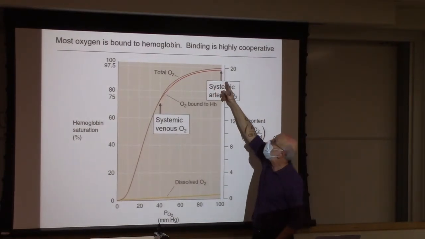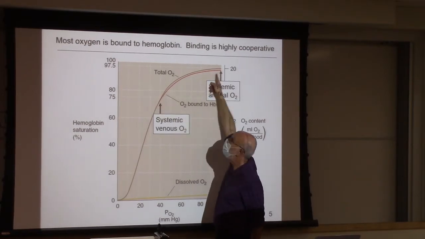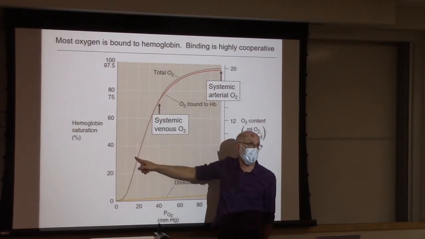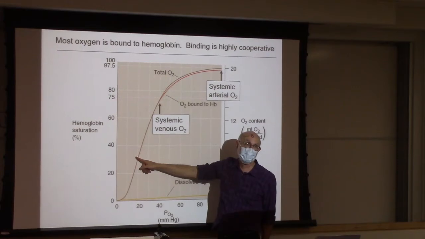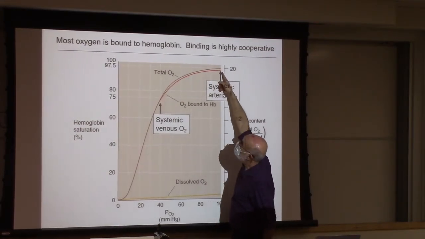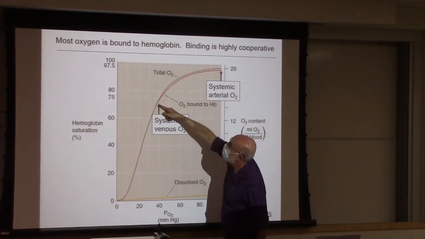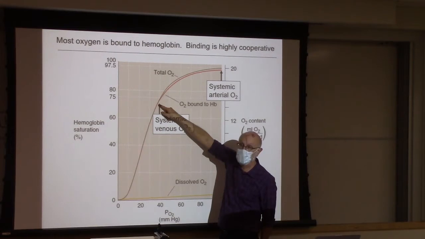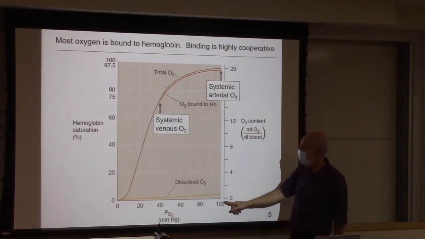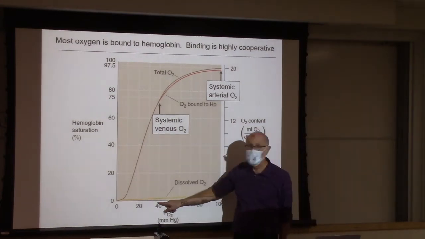This is the range where we're working, normally. We get down here and we're dying. This is the normal range between 98% saturation and 70% saturation, between a PO2 of 100 millimeters of mercury and about 40 millimeters of mercury.